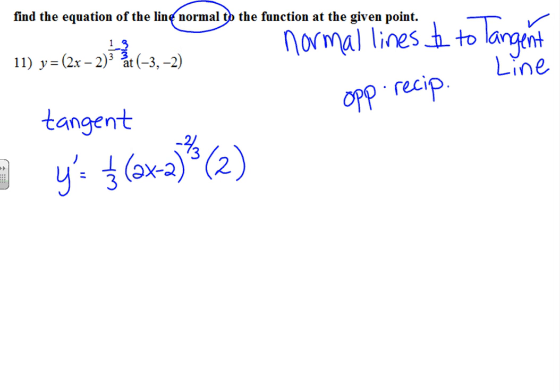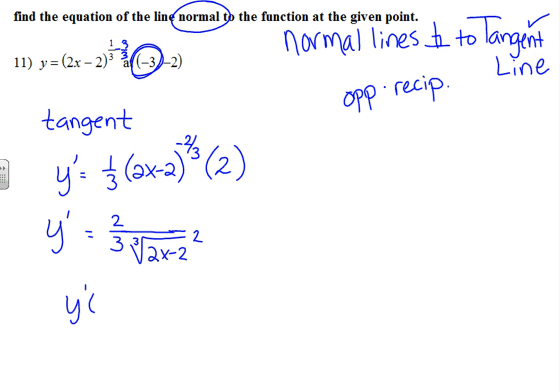That creates 2/3. And then I'd have this over, because my negative power is going to drop this down below, and I'd have the cube root of 2x minus 2. The 2 on top means to square this item. And that's our derivative.